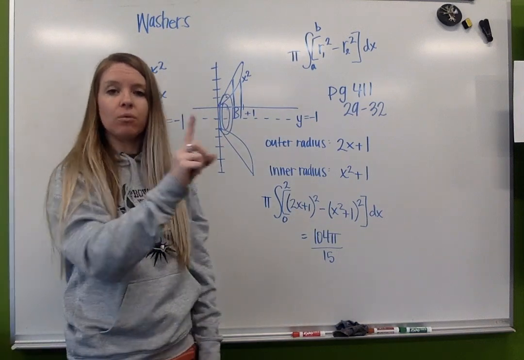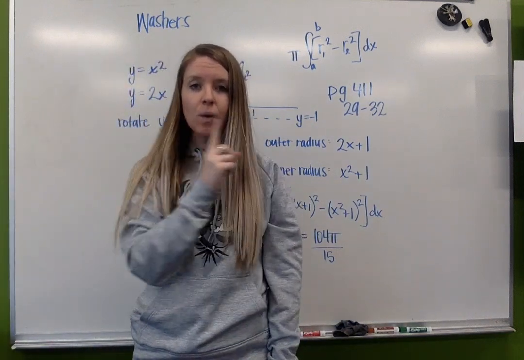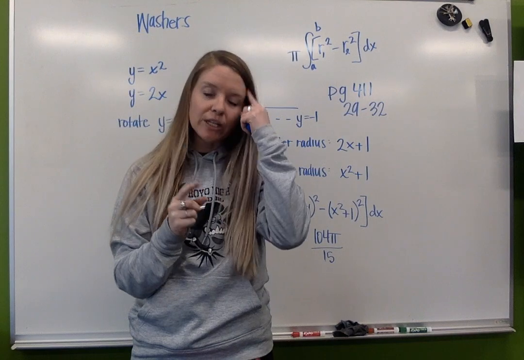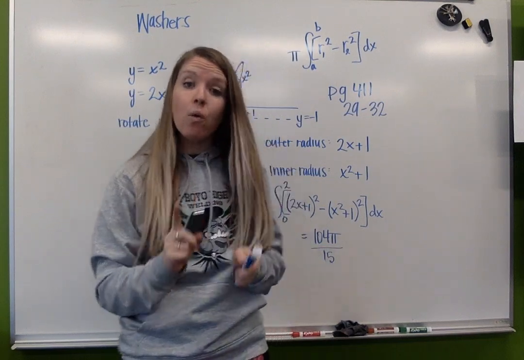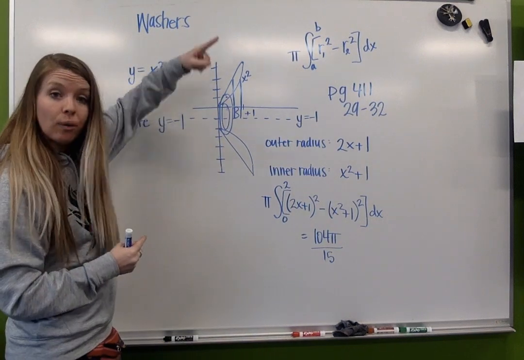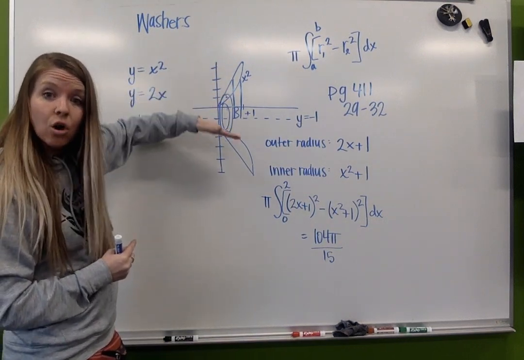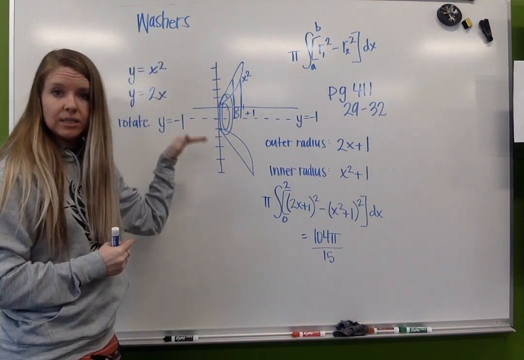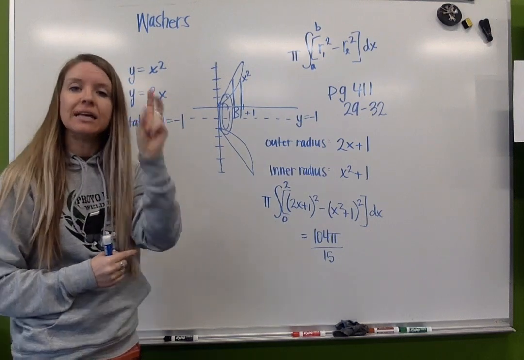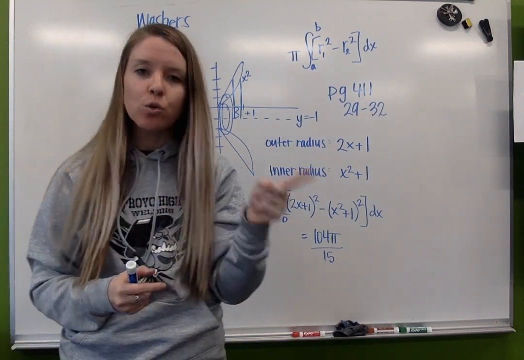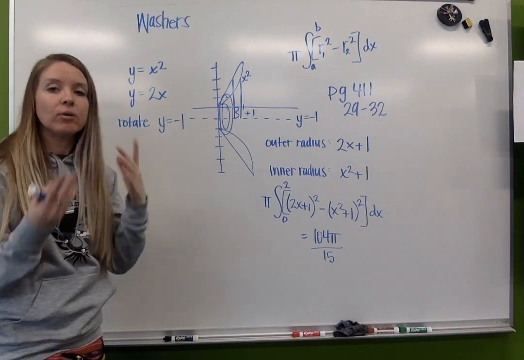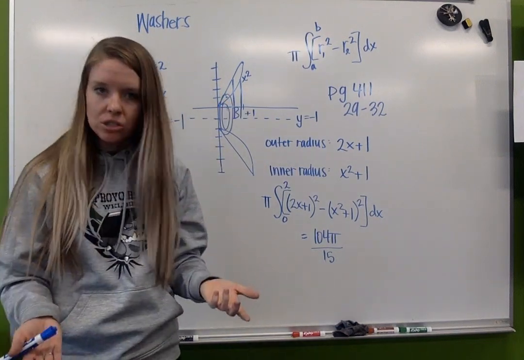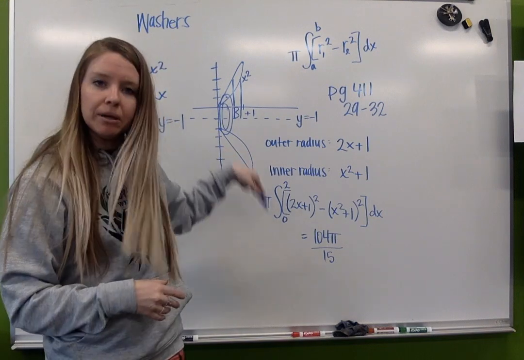As soon as we start rotating this way, we're going to switch to our next lesson. So, if the question is having you rotate around the x-axis or a y equals line, washers and discs. How do I know if it's a washer? If it's hollow. How do I know it's a disc? It's solid. There's no gap in the middle.